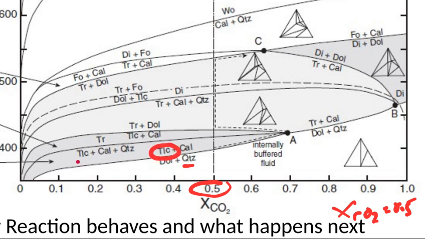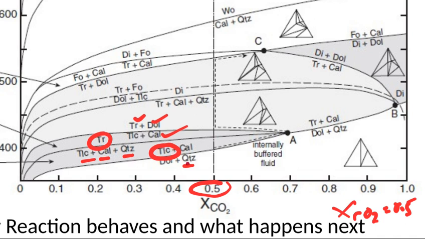This talc will react with calcite and quartz and form tremolite. Again the talc will react with calcite and form tremolite and dolomite. This is the progressive reaction with the increasing temperature.